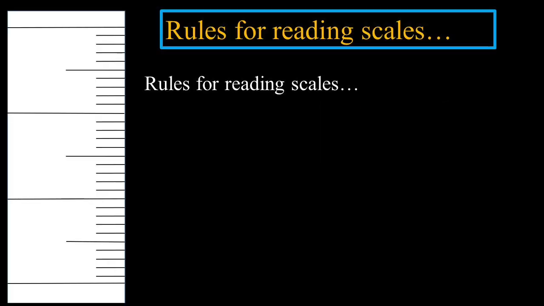So the first thing we want to do is look at the rules for reading scales. Now look at the scale on the left. You can see that between the largest graduations, each scale is broken up into tenths, or tenths of something.